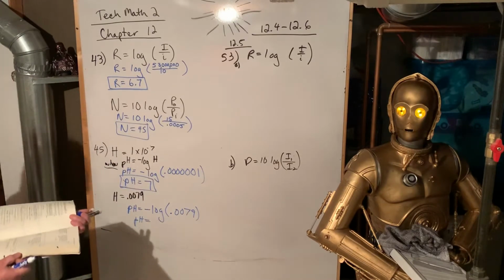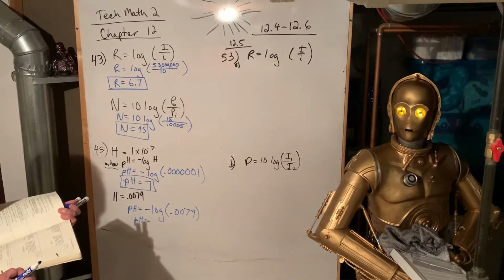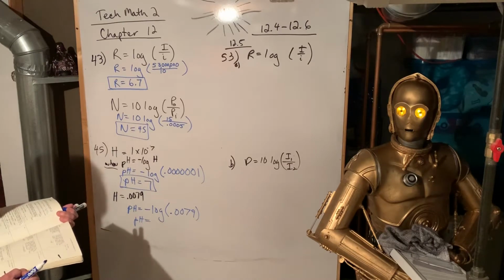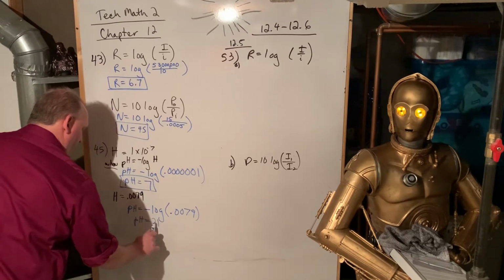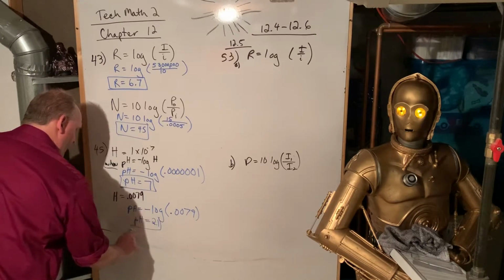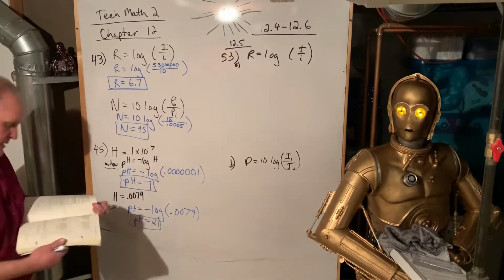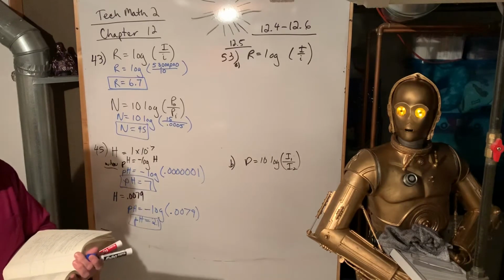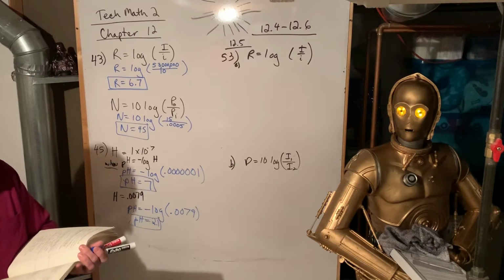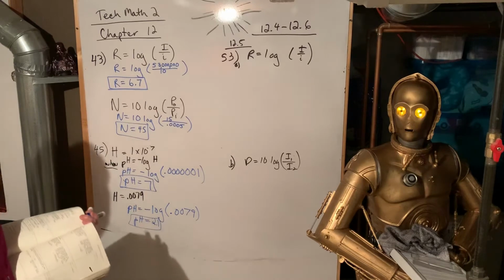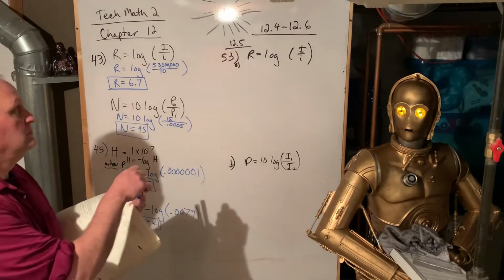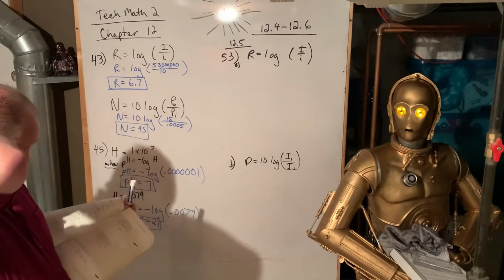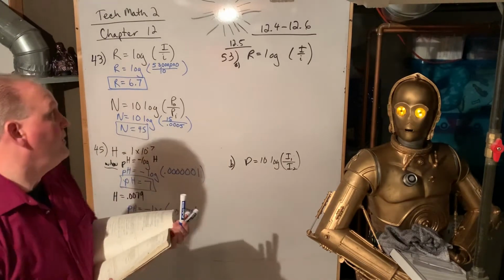So that particular sulfuric acid would be 2.1 for pH. So pure water, I guess the higher the number, the more pure it is, it looks like.